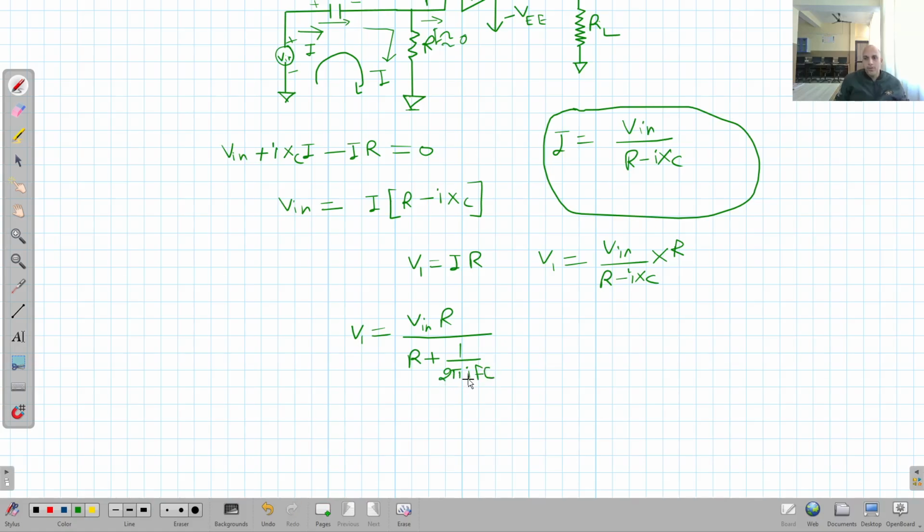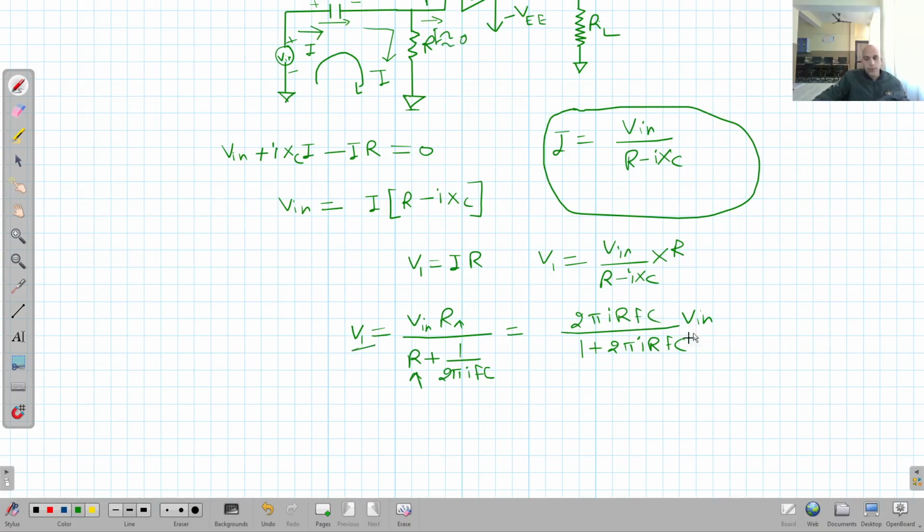I took j in the denominator, so it becomes positive: 1 upon 2 pi j fC. Then I will take the LCM, multiply it here and multiply it. Then this equation will become 2 pi j R fC divided by 1 plus 2 pi j R fC, right, into V_in. Clear? V1 is equal to this.